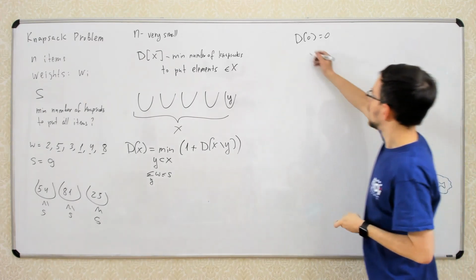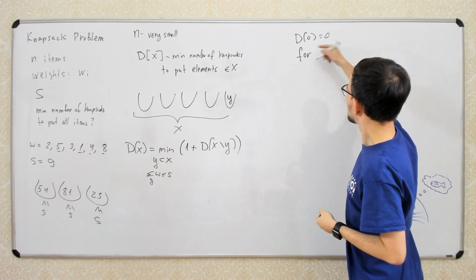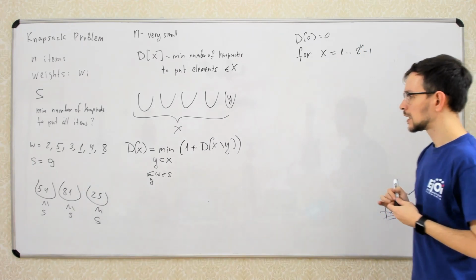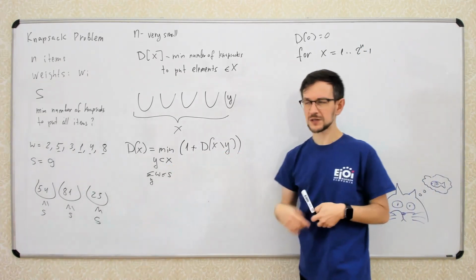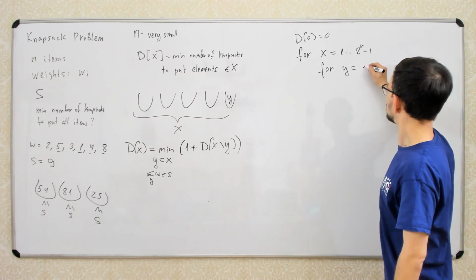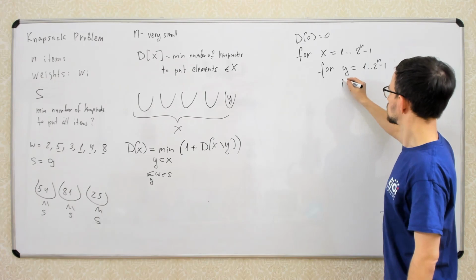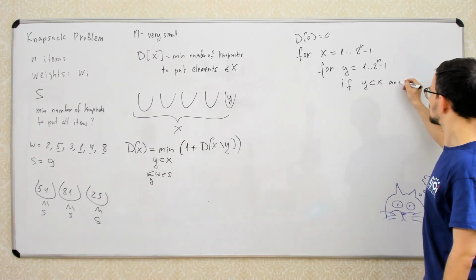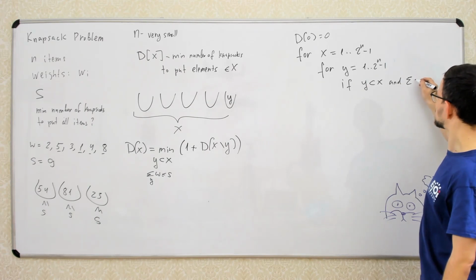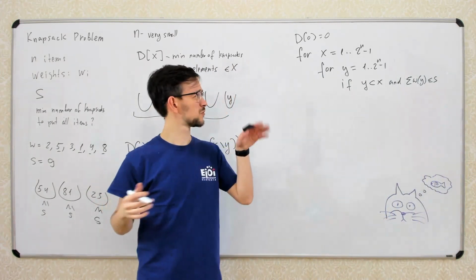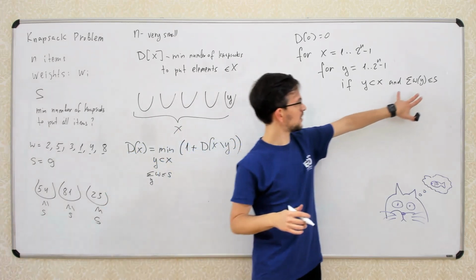Now, let's iterate over all X's, so we have 0 here. Let's go from 1 to 2 to the power n minus 1. Here I need to iterate over all subsets. I'll do it in a simple way. I just iterate over all Y's from 1 to 2 to the power n minus 1. Check if Y is a subset of X, and the sum of all elements in Y is no more than S. I'll just skip this part, for simplicity.